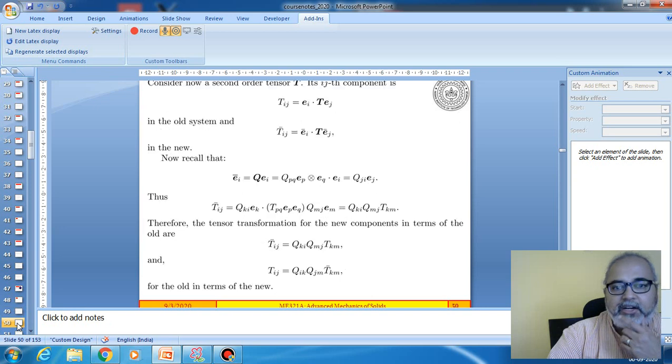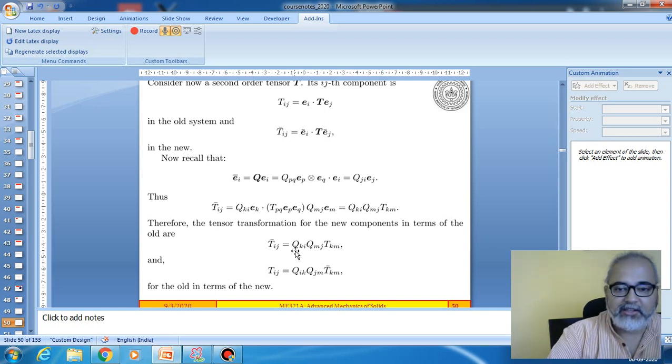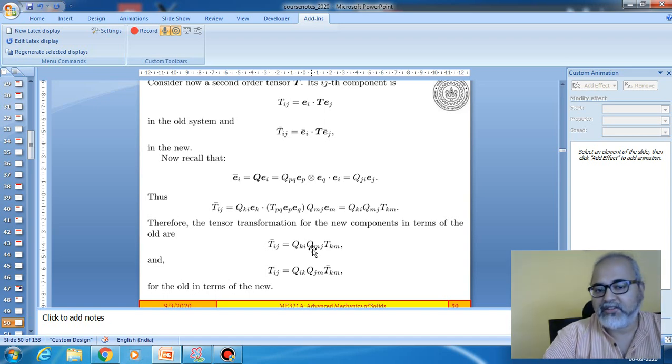For second order tensors, this is the rule that we follow for transformation from the old coordinate system to the new coordinate system, and from the new to the old, it's the reverse transformation. But look at this transformation. This is just an extension of the way we transform vectors. We had one Q for vectors, we have two Qs for second order tensors, we'll have three for third order tensors, and so on.